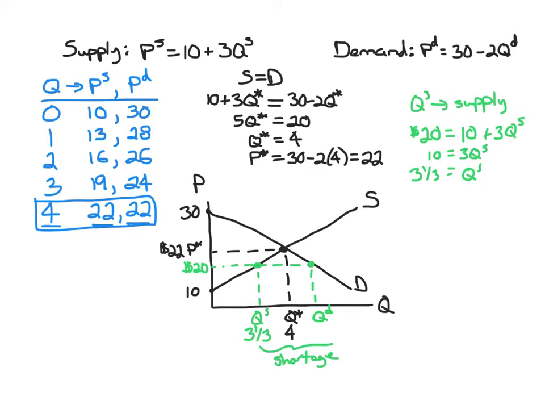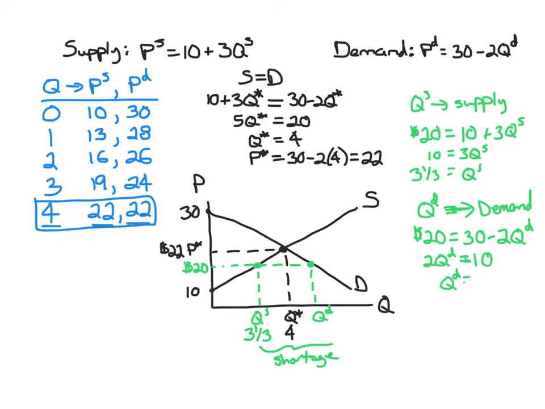For the quantity demanded at a price of 20, we plug into the demand curve. Okay, so in other words, we take $20 and plug it into the demand equation. Okay, and then we solve for QD. So we get 2QD equals 10.